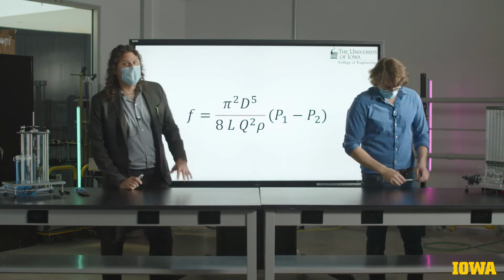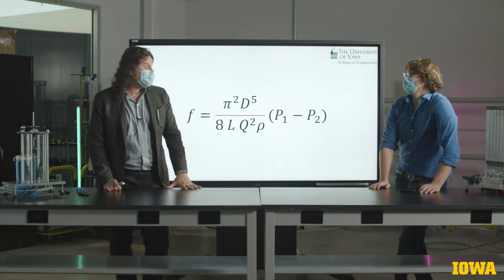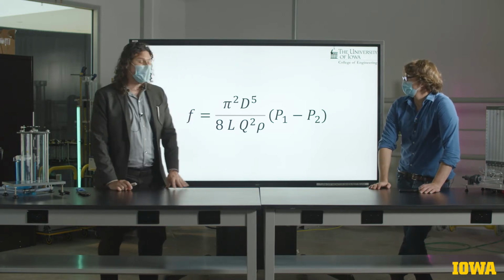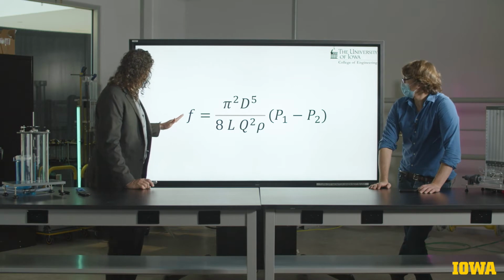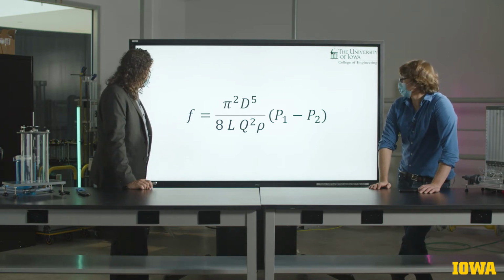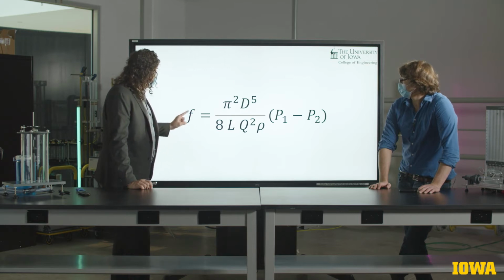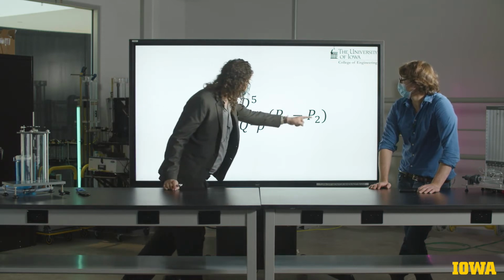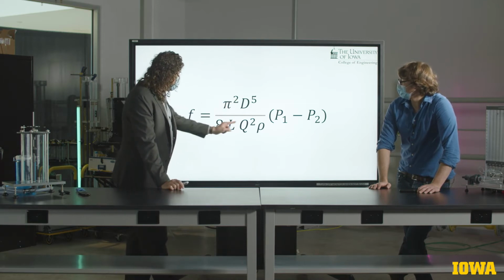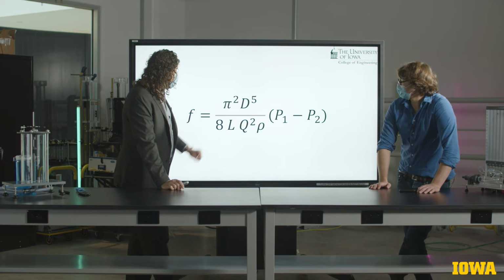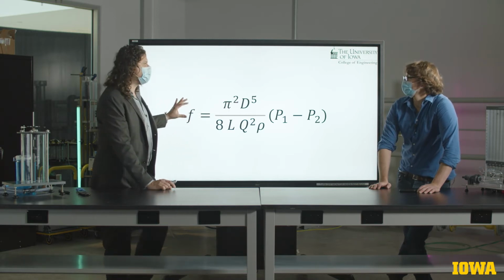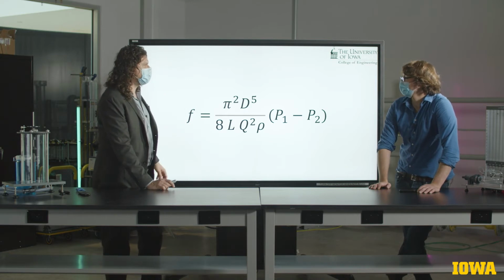So that brings us to our data reduction equations. We're going to be using two equations of significant importance. First, the equation for the friction factor, or the Darcy-Weisbach friction factor, which relates our energy loss, that change of pressure, the diameter of the pipe, the flow in the pipe, and the length that is traversed through a coefficient that will tell you how much energy is dissipating in the system.